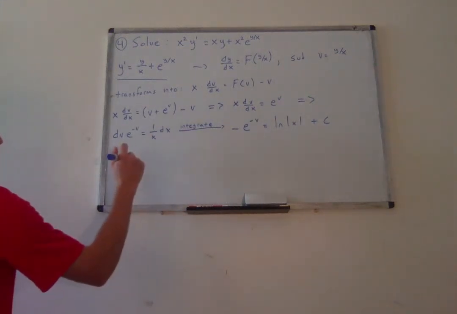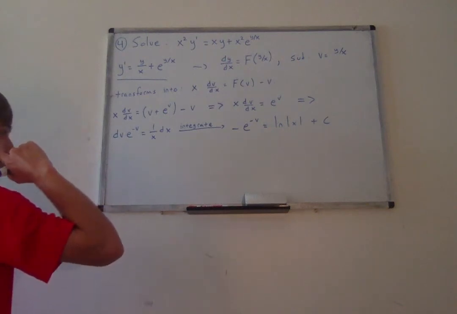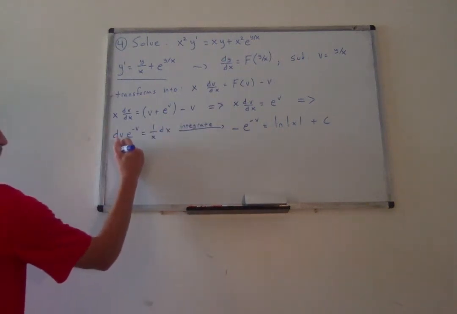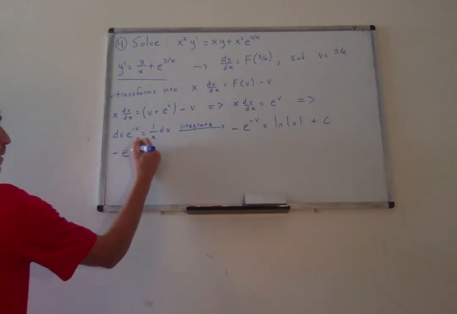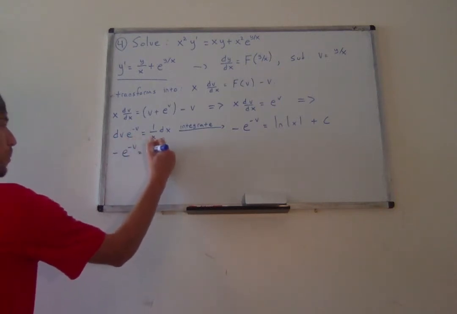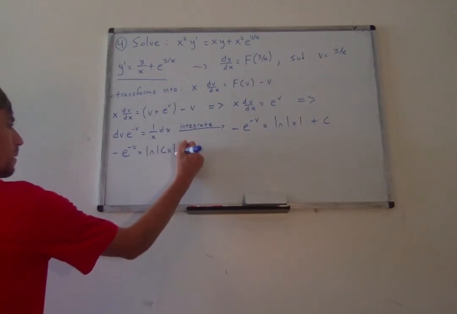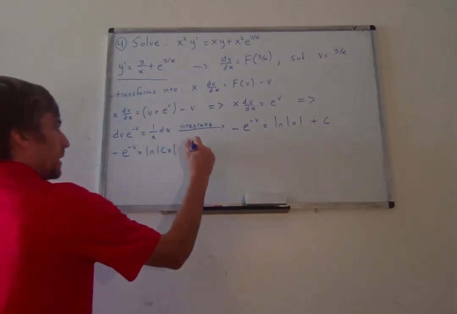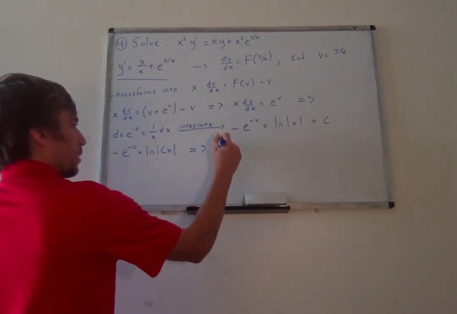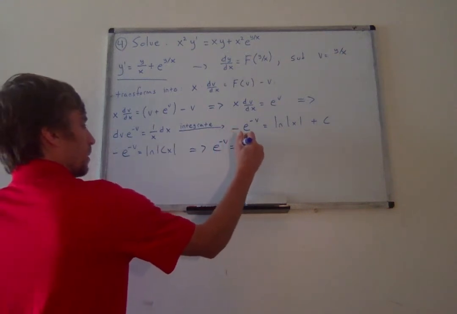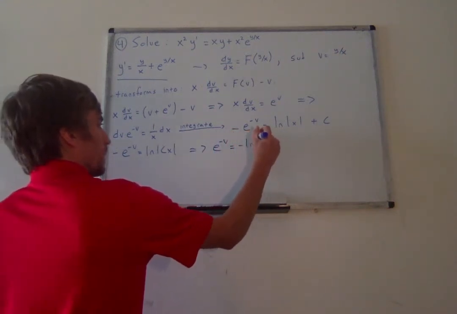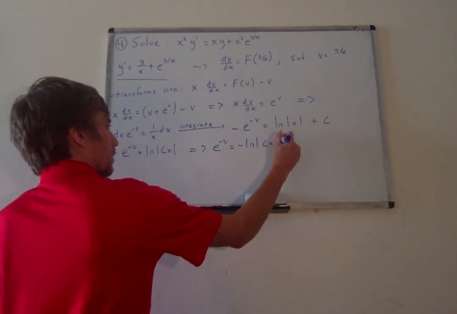So what we can now do is the trick where we bring the c inside the natural log. And to make my life easier before I take the natural log of both sides, I'll rewrite this like so.